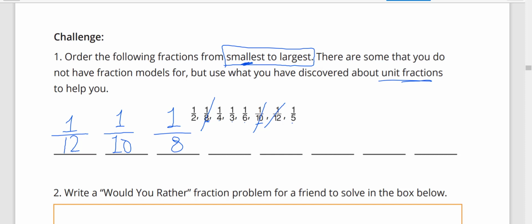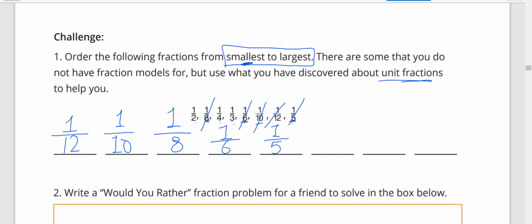Then we have 2, 4, 3, 6, and 5. The greatest denominator is 6, so we write 6. Then we have 2, 4, 3, and 5. Which is the greatest denominator? The 5. So we write 5.